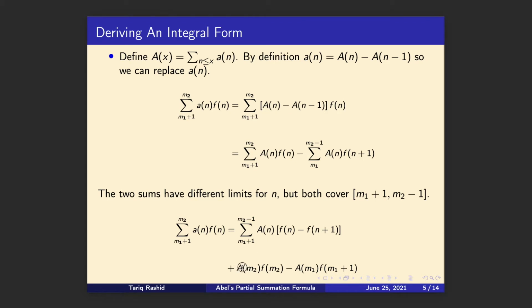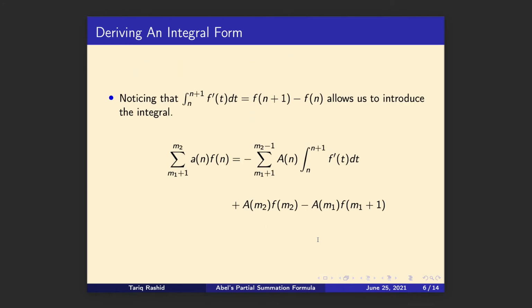So we have am2 times fm2, that's the bit at the top end, and at the bottom end we have minus am1 times fm1 plus 1. So that's good. As I say, there's nothing overly difficult about it, it's just lots and lots of simple algebra, but we need to crunch through it.